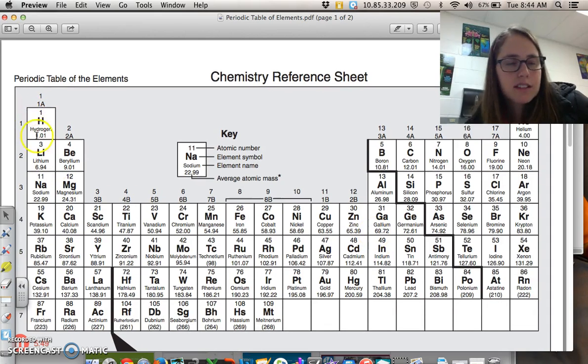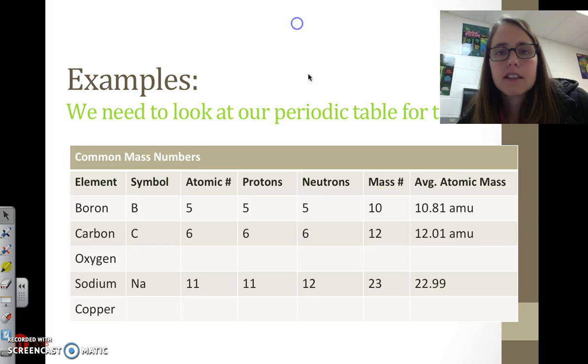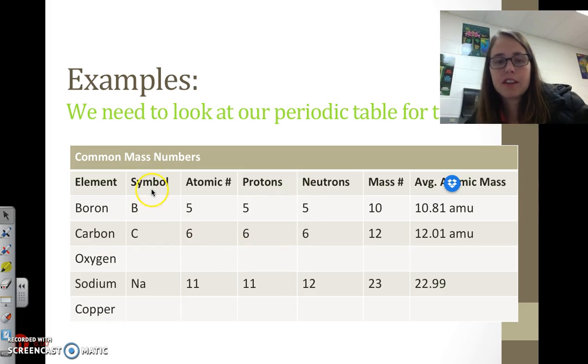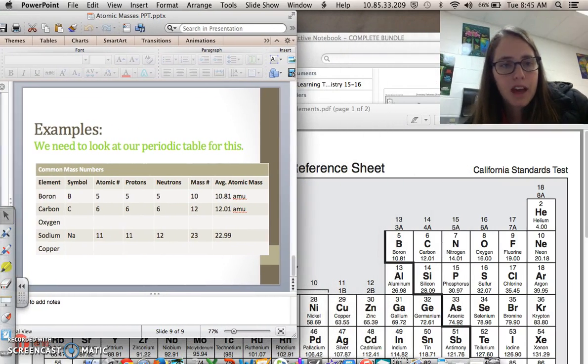And notice we have lots of lovely different elements. We've got boron, carbon, nitrogen, oxygen, all those things that you've been hearing a lot about. And now we can look at this and compare. So I'm going to get out of this screen, and it's going to be a little smaller, but we're going to be able to bounce back and forth between our periodic table and this.